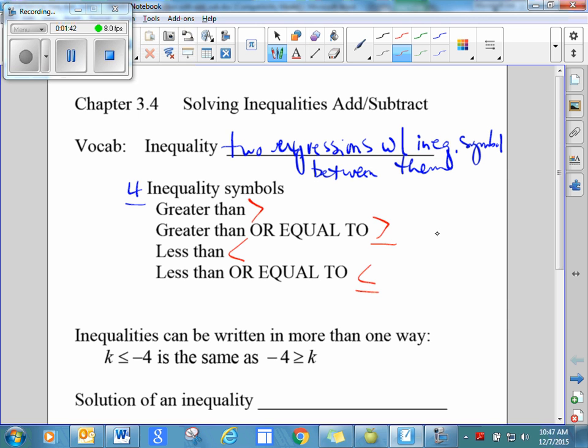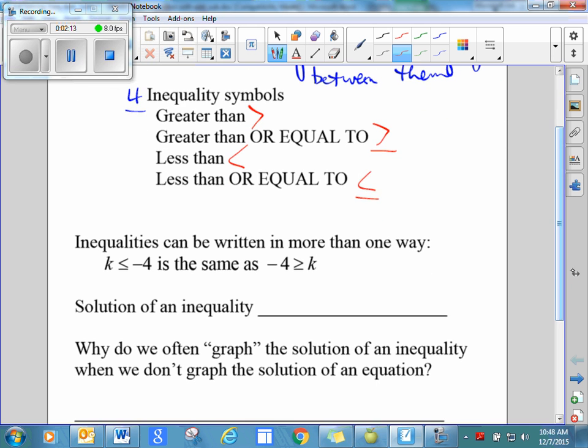If I were to ask you in class if everybody greater than 12 years old stand up, I would get those people that have had their 13th birthday, but the 12-year-olds would be sitting down. If I said everybody whose age is greater than or equal to 12, everybody would stand up because you would either be greater than 12 years old or you would be 12 years old. So those are four different inequality symbols, and we're going to use one of those every time we create an inequality.